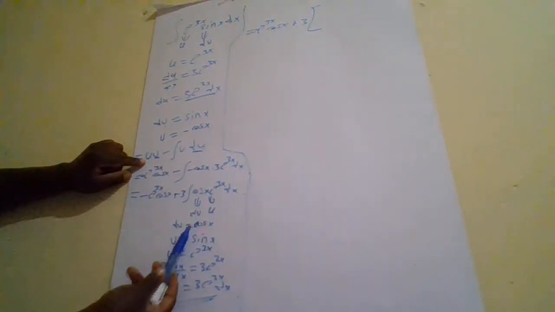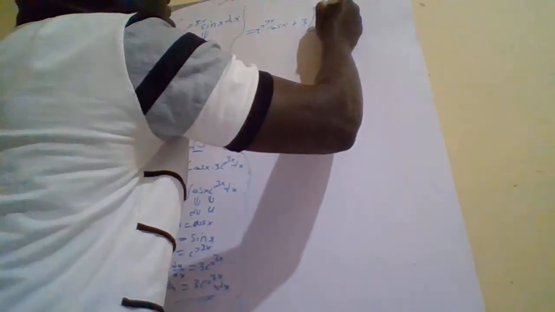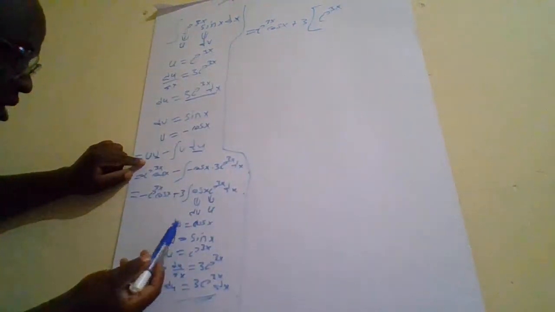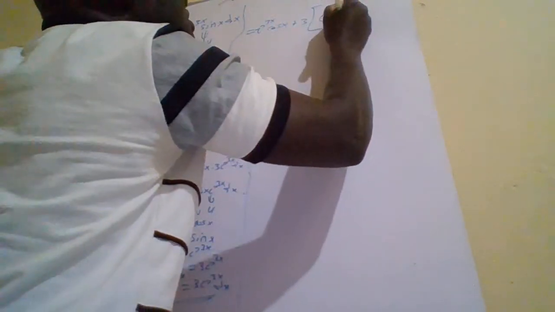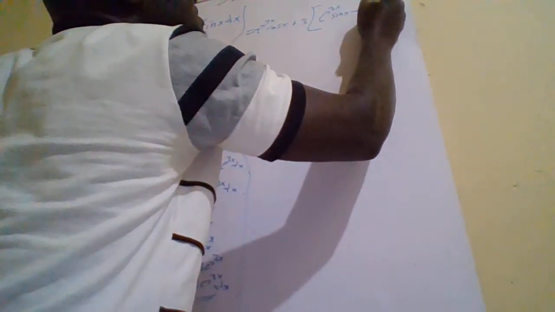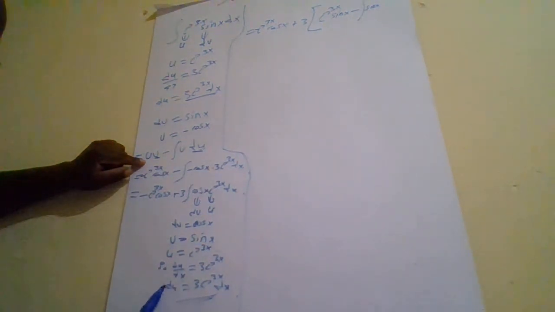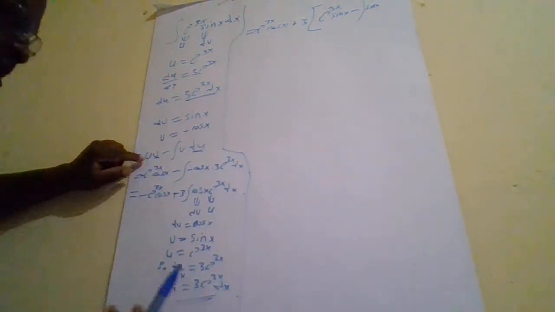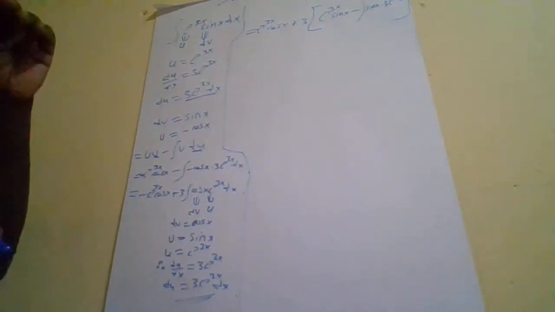At this point, our u is e^(3x). So we have e^(3x). Then our v at this point is sin x. So we have sin x, then minus the integral of our v is sin x. Then we have du. So our du here is 3e^(3x) dx. Close the bracket like that.